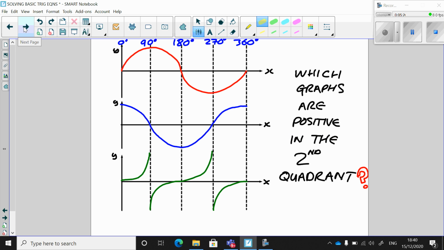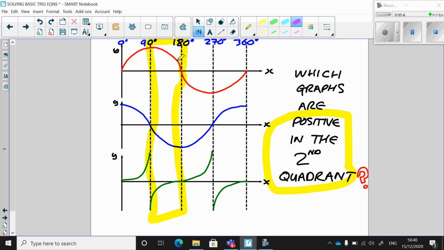Now, which are positive in the second quadrant? Well, here's the second quadrant. Which graphs are above the x-axis in the second quadrant? That's above.